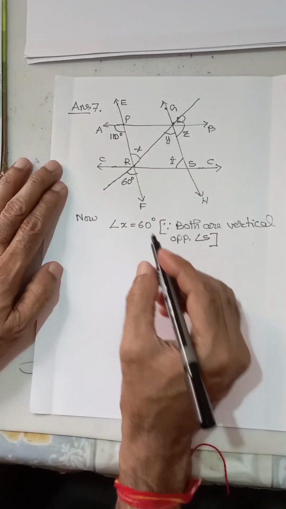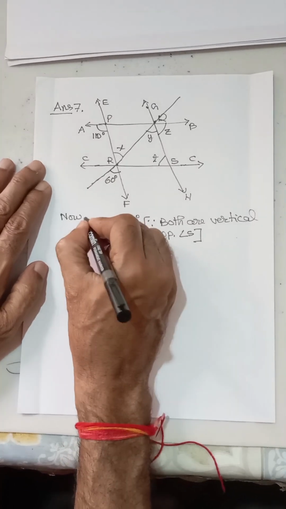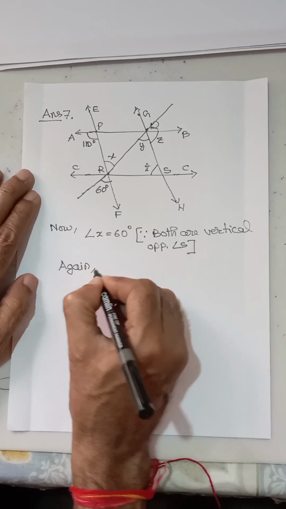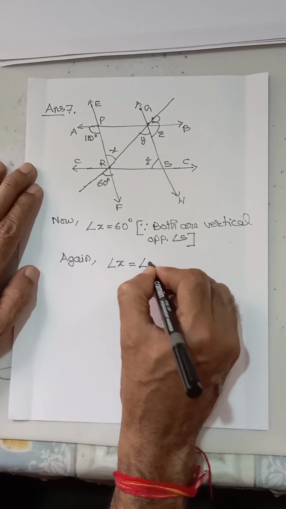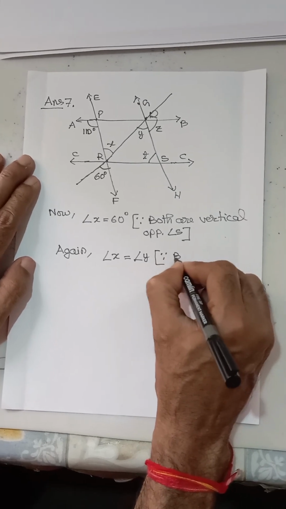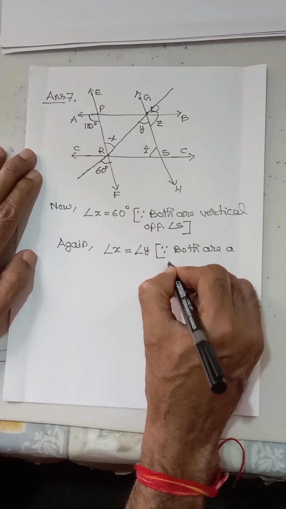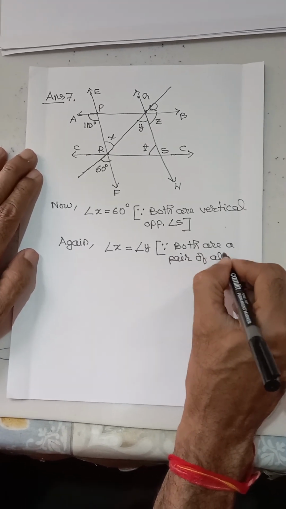So we have got X. Now again angle X is equal to angle Y. Reason is both are a pair of alternate angles.